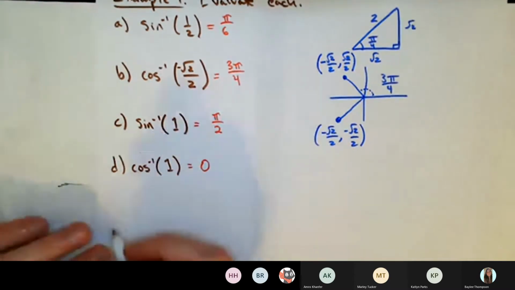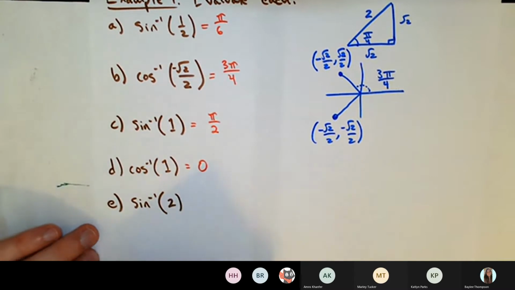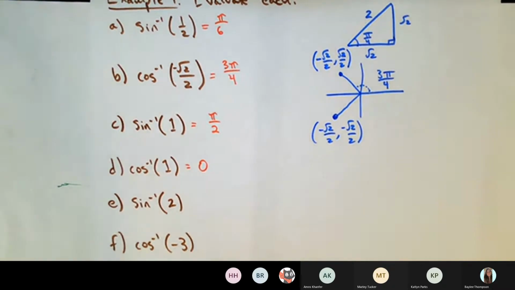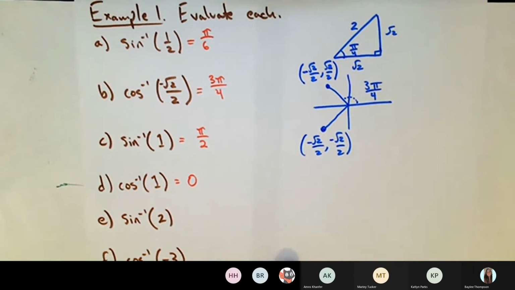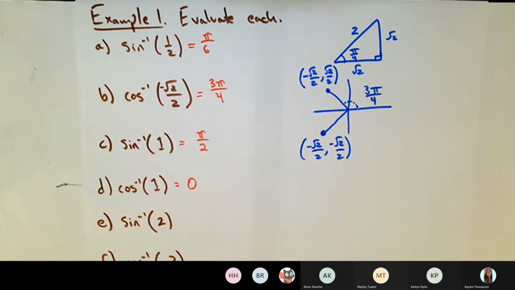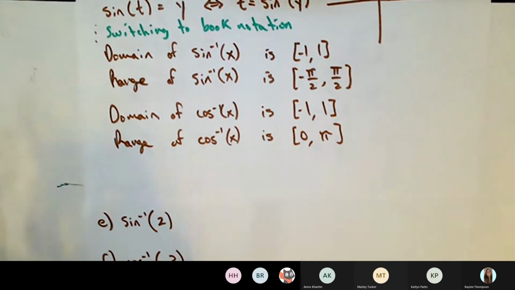Now let's look at E and F. Sine inverse of 2. And F, cosine inverse of -3. Well, recall that the domain of sine inverse is -1 to 1.